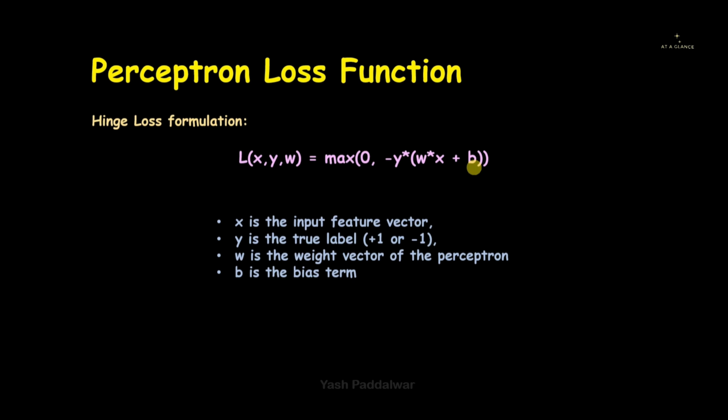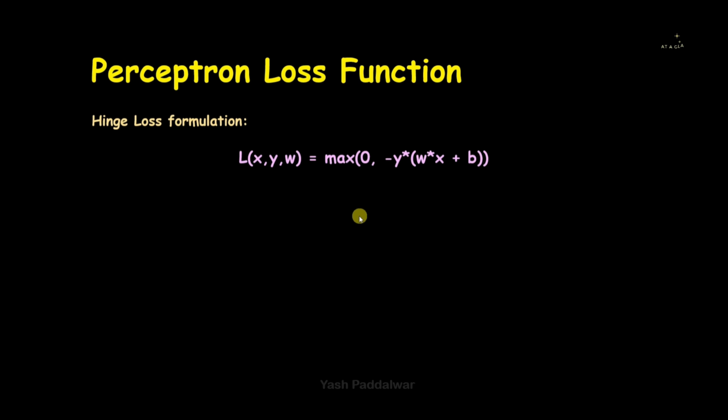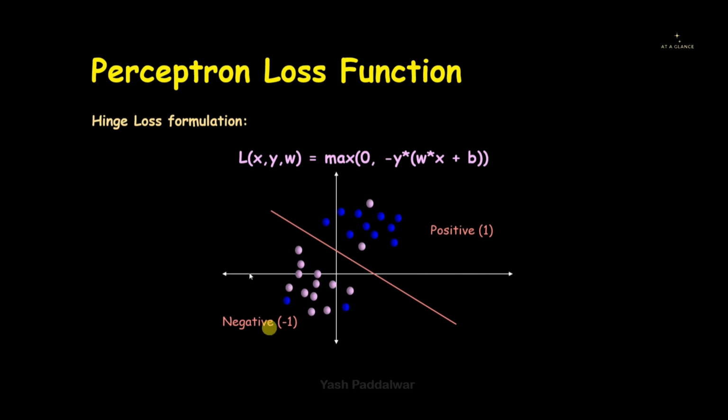Now we are going to look at the detailed intuition behind this particular equation, how it is going to help us find the loss and how the loss differs for every single misclassified data point. Here we are going to take this particular example. You can see we are denoting the negative class by minus 1.